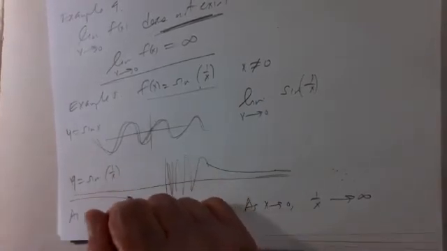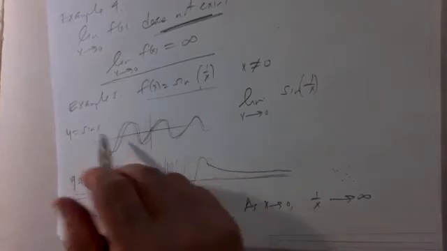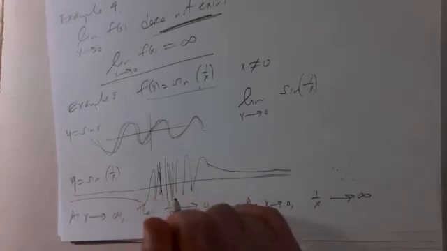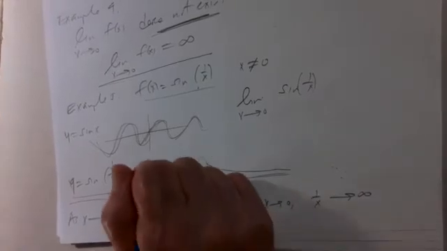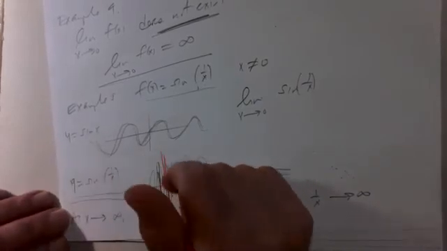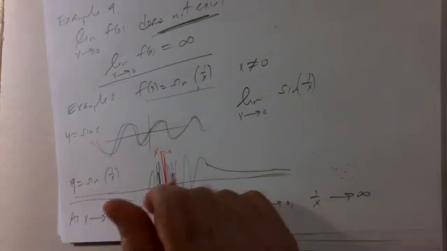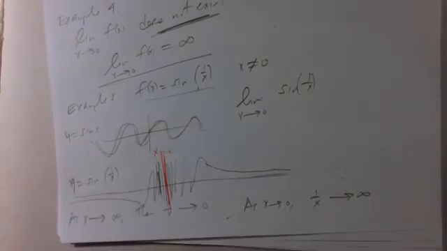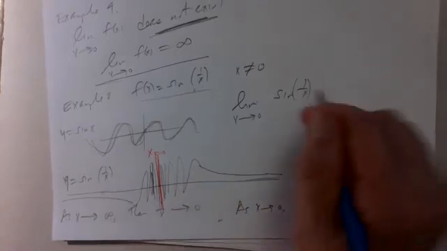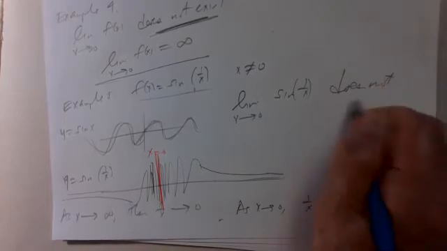But as x approaches 0 and x is negative, 1 over x is still going to minus infinity. This function is oscillating tremendously as you approach x equals 0, the y-axis. It has no limit. So this limit does not exist.